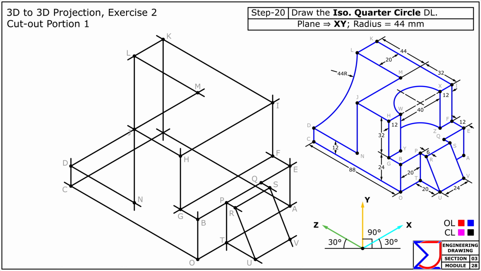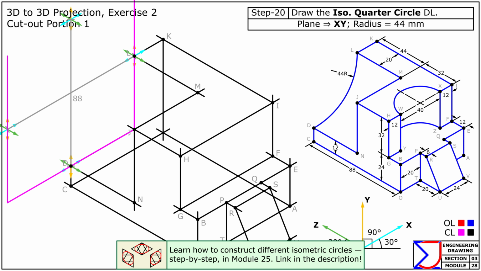The curve DL is part of a circle with a radius of 44 mm in the isometric plane. To construct it, we will apply the technique we learned in Module 25, Isometric Views of Planes.